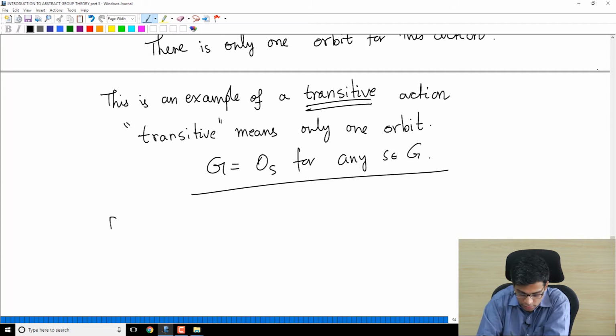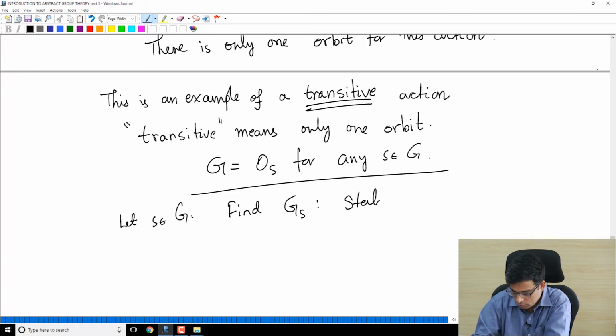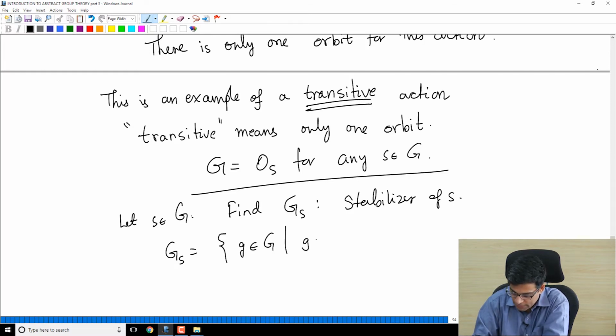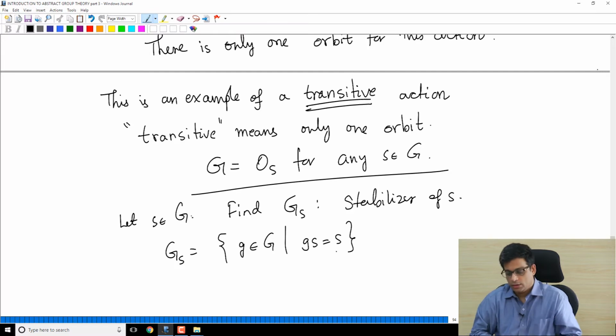Now on the other hand, let us take an element S in G and find the stabilizer. That was also the problem, right? What is the stabilizer of S? This is all elements of the group that fix S. What are these?